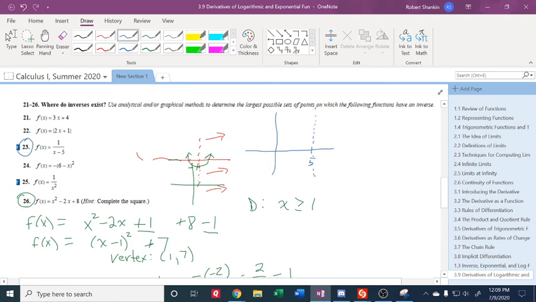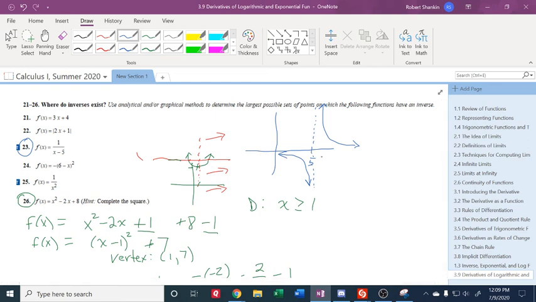Let's look at number 23. So this one, you see there. And from the other side, it looks like this. All right. Now, number 23's graph is a one-to-one function. Any horizontal line only strikes the graph at most at one point. So the inverse is everywhere, except, of course, at 5.